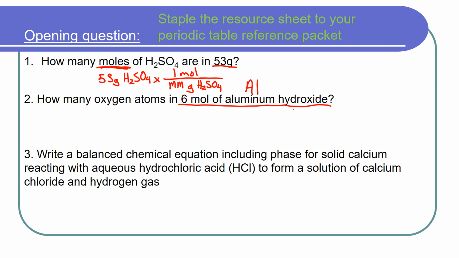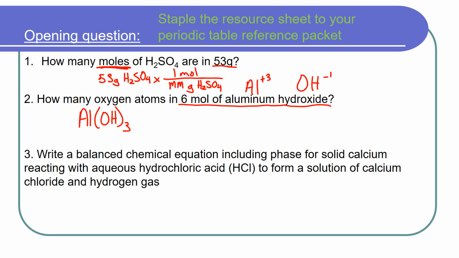So I have aluminum, I have hydroxide. Aluminum will form a +3 charge, hydroxide's a -1. Remember, that -1 is for that whole group, not just oxygen, not just hydrogen. So when this reacts, it takes 3 hydroxides to counteract the 1 aluminum.